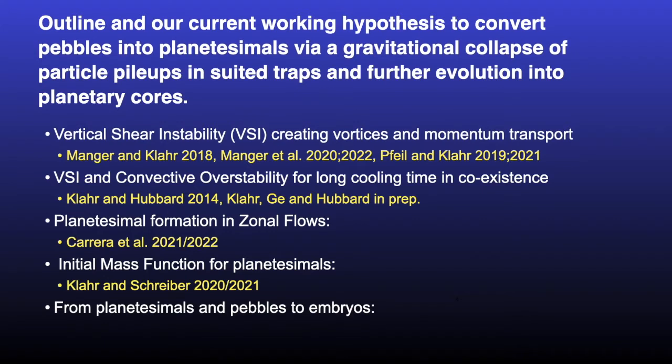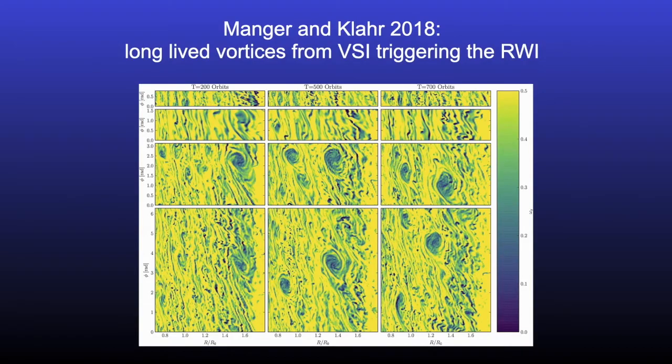Finally, I come from the planetesimals, in combination with pebbles which are still abundant in the disk, to the formation of embryos. This is work done mainly by my PhD student, Oliver Völker. Let's briefly start with simulations by Natascha Manger on the vertical shear instability.